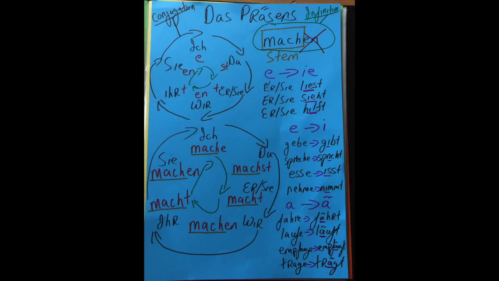Okay, so that is as much knowledge as I'm going to provide to you at the moment to form the conjugation patterns of any verb in the present tense. Pay attention to the slight spelling changes that predominantly happen only in the er and sie form, so in the boy form and the girl form.